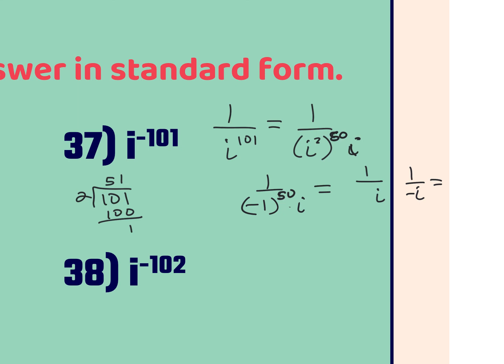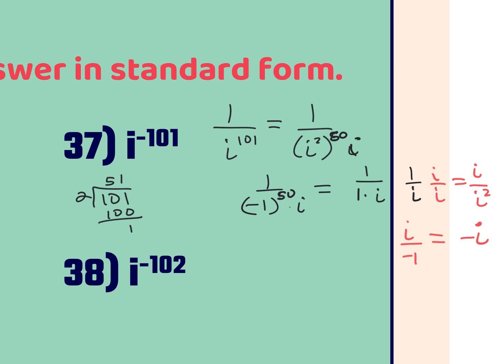So this is a +1 times i. Remember, you can't leave i in the bottom of the fraction. We got to rationalize. So let's multiply top and bottom by i. i over i squared. i squared equals -1. So my final answer is -i.